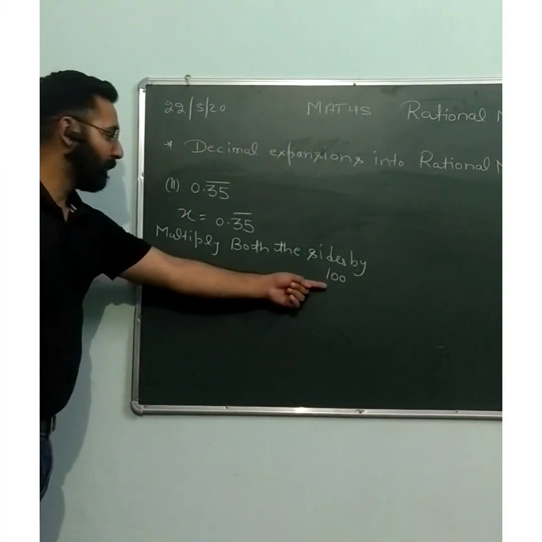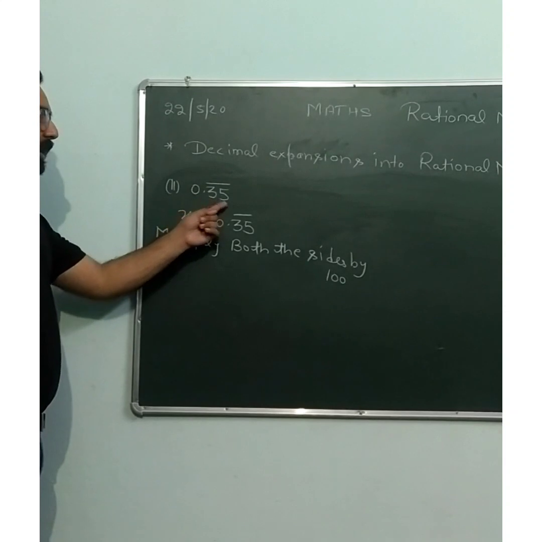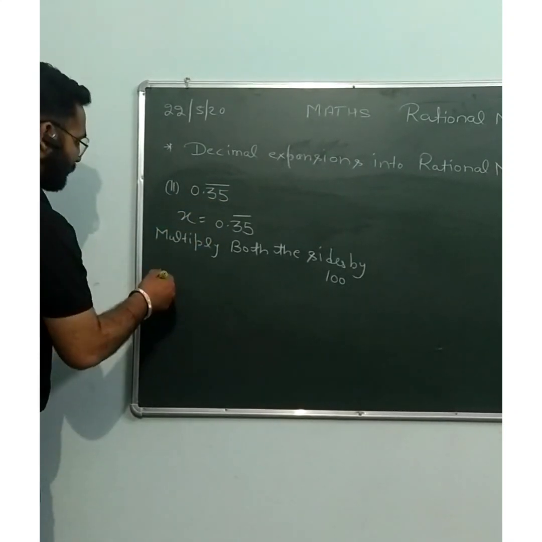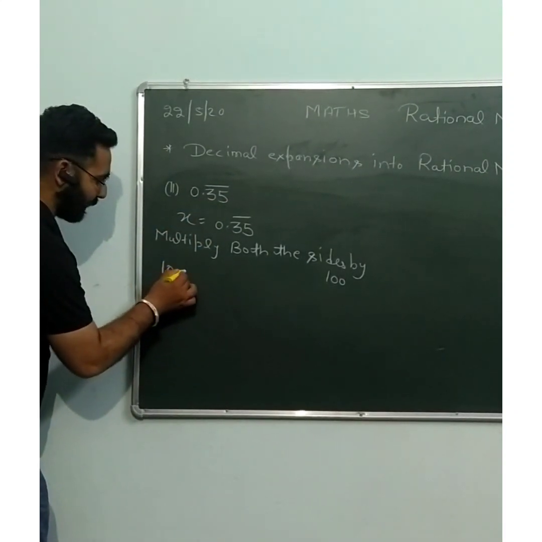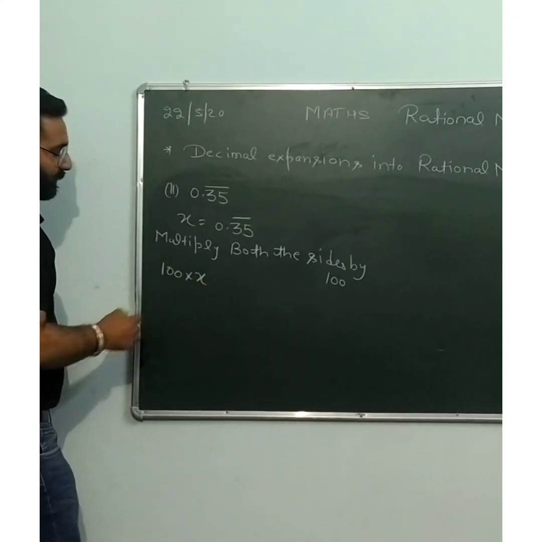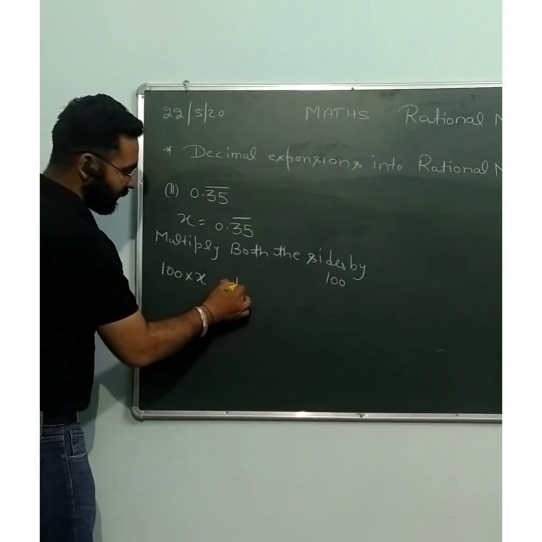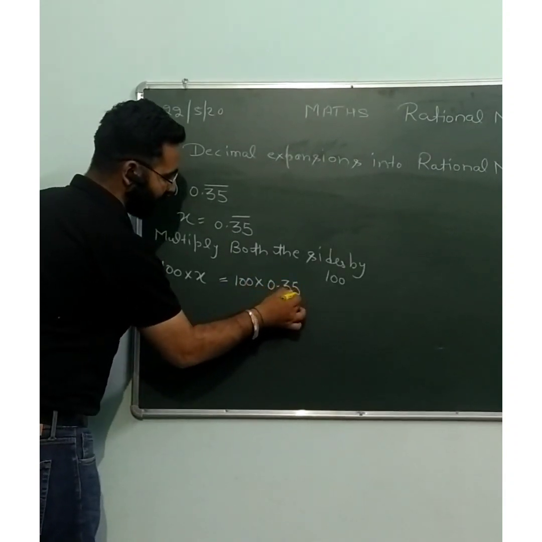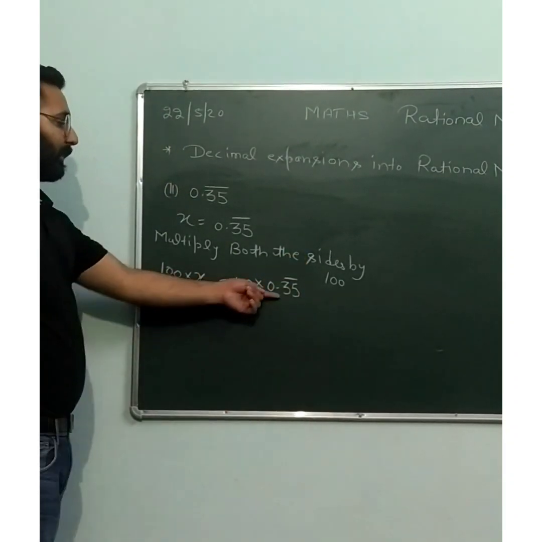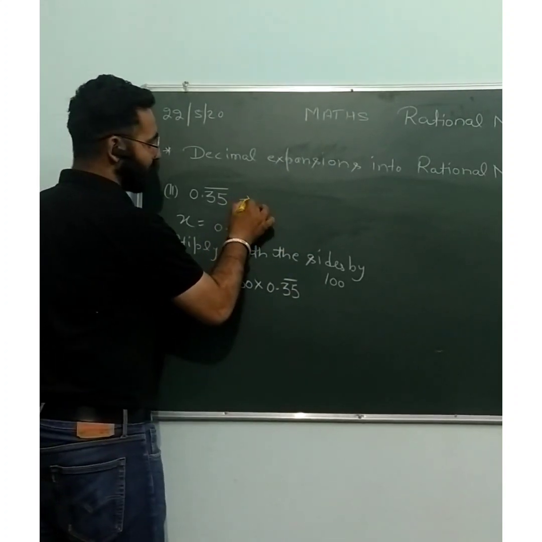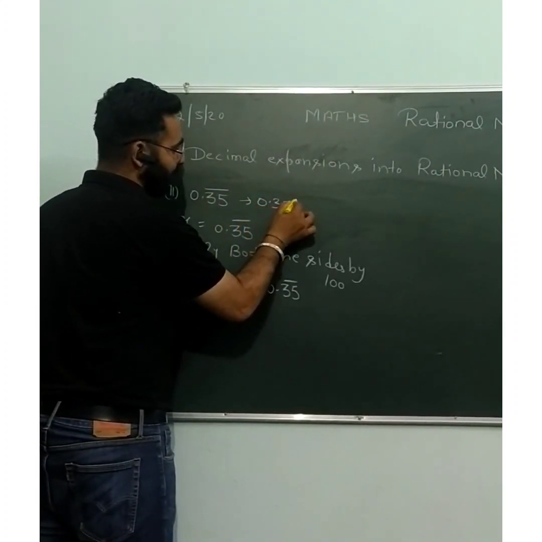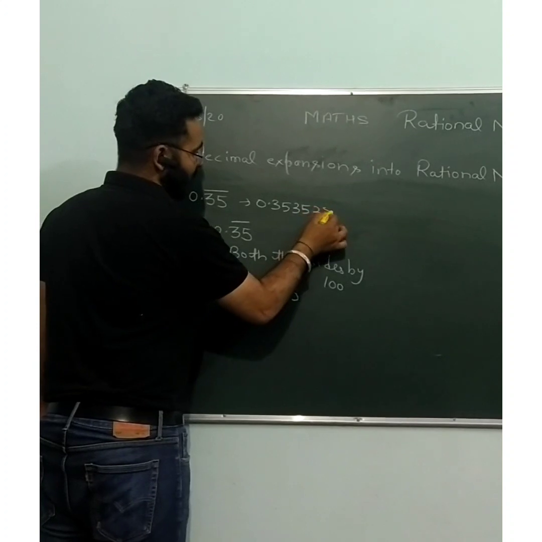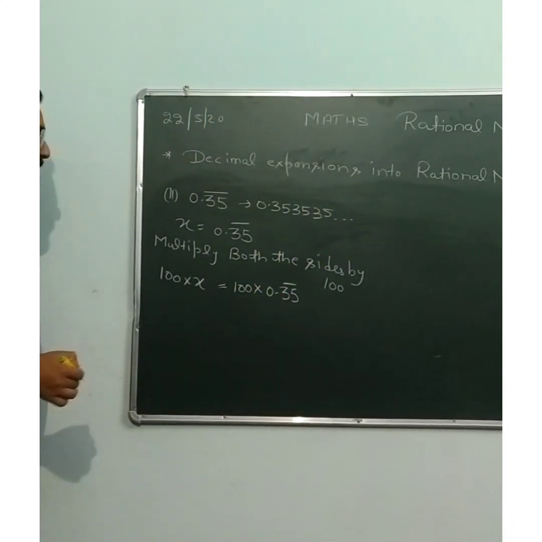By 100 because there are two digits after the decimal. Bar means it is in repeating order, or you can say 0.35, 35, 35 and so on.